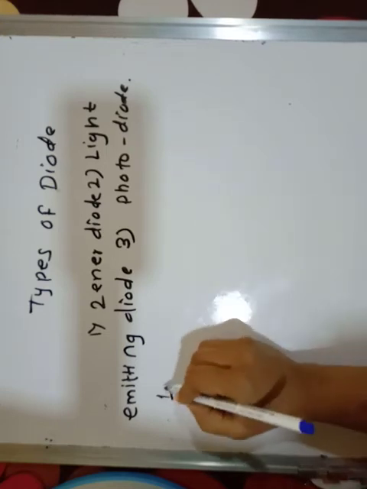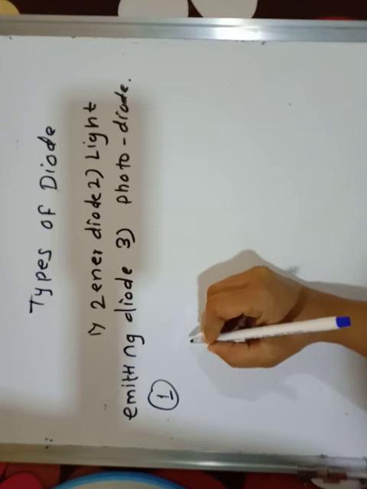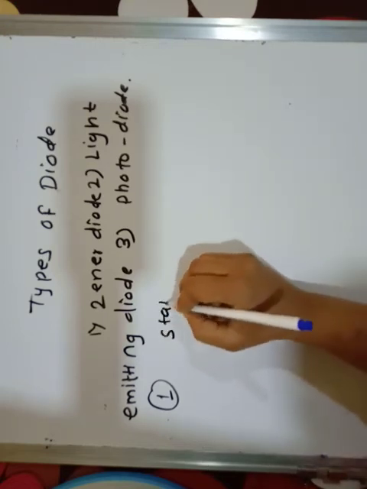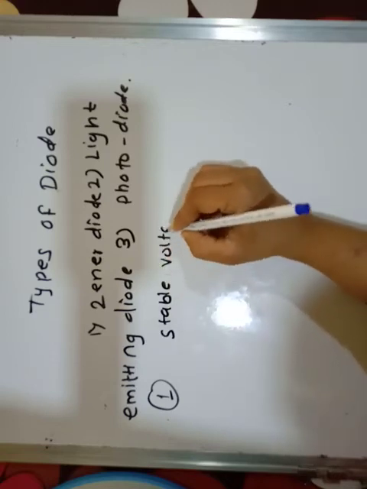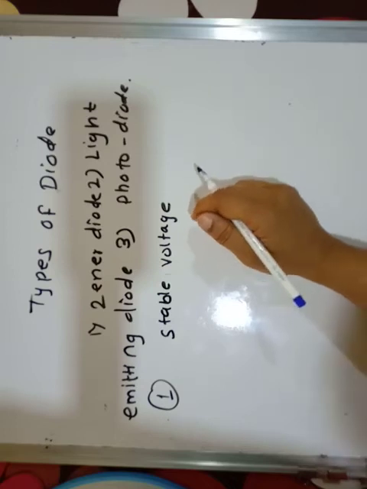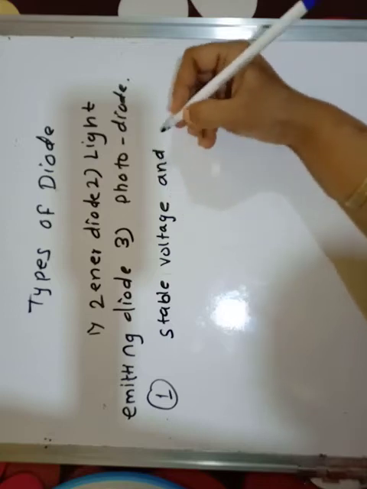So first we are going to see the Zener diode. The Zener diode is designed to get a stable voltage. Where we want a stable voltage, the Zener diode is constructed, and it is operated in reverse bias only. This is one speciality of the Zener diode.